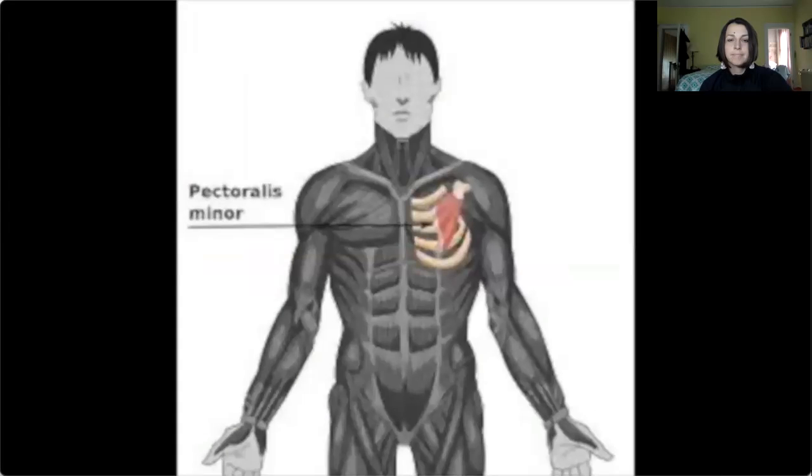Some facts about the pectoralis minor: when it is injured, it is hard for the doctor to locate the injury because it is often mistaken for a pectoralis major injury. The two injuries can also coexist, and since the treatment approaches differ, the correct diagnosis of an isolated pectoralis minor tear is important and may require imaging to confirm.